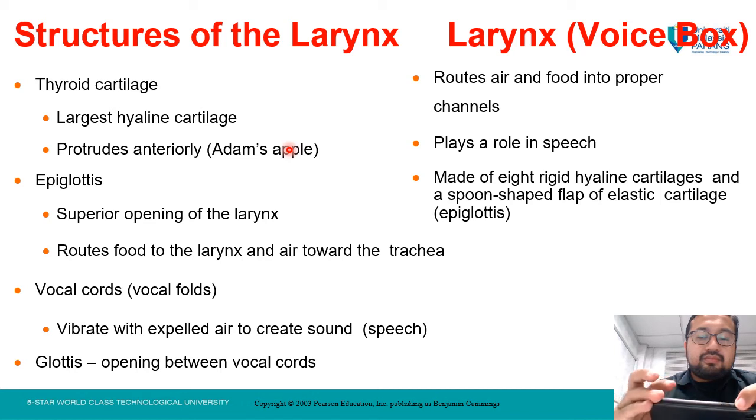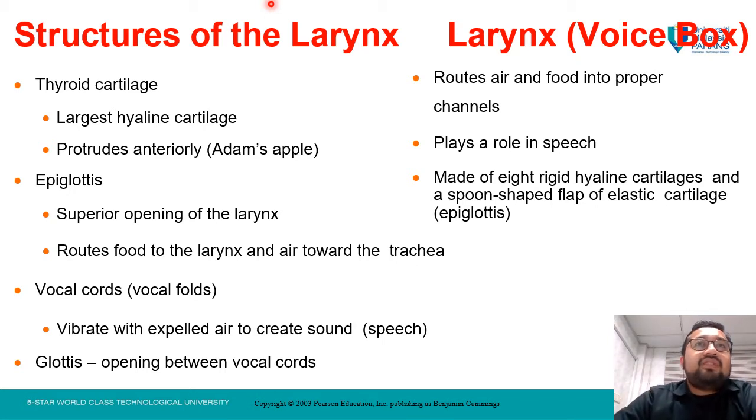Okay, structures of the larynx. In the larynx, where the respiratory passageway is, we've got the thyroid cartilage, the largest hyaline cartilage, and a hyaline cartilage that protrudes anteriorly, which we call the Adam's apple.